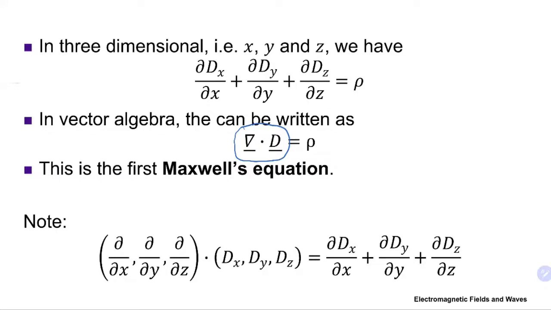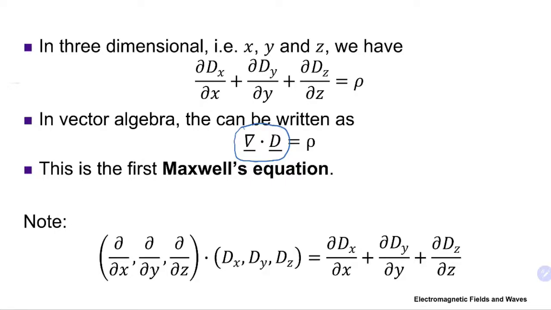So here, if I draw my Gaussian surface and inside it there is no charge, that means there is no source or sink, and therefore my divergence will be equal to 0. If there is charge inside the bubble that I draw as my Gaussian surface, then there is a source or a sink. Therefore my divergence is finite, which is this equation here, my Maxwell equation: the divergence of the electric flux density is equal to the charge density inside the Gaussian surface that I draw.